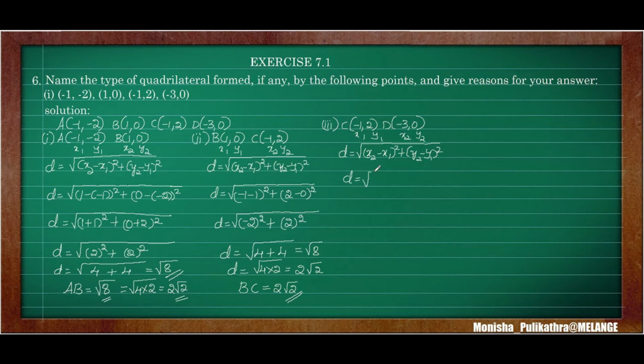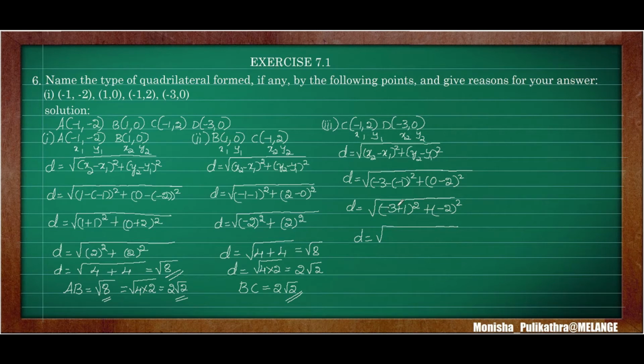So D is equal to square root of x2 minus x1: x2 is minus 3, minus of x1 which is minus 1. Okay, plus y2 is 0, minus y1 which is 2. So it will become minus 3, minus into minus plus 1, so minus 3 plus 1 whole square plus 0 minus 2 is minus 2, minus 2 whole square.